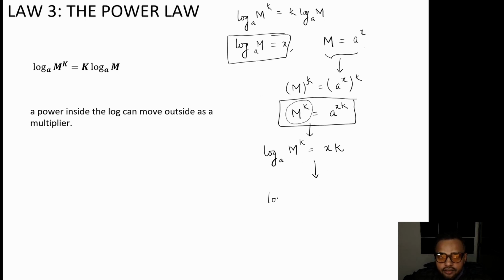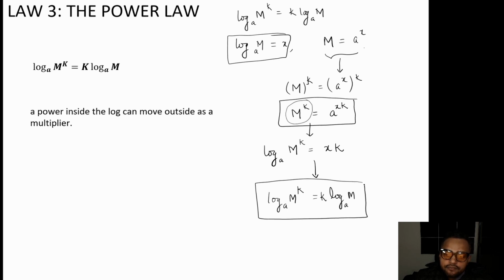So we can write log of m power k base a equals, in place of x, log of m base a into k. So this is the proof of this power law, students.